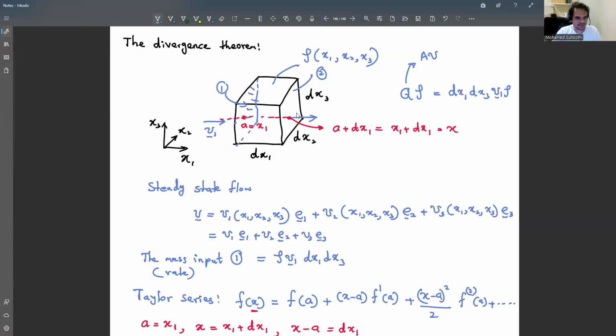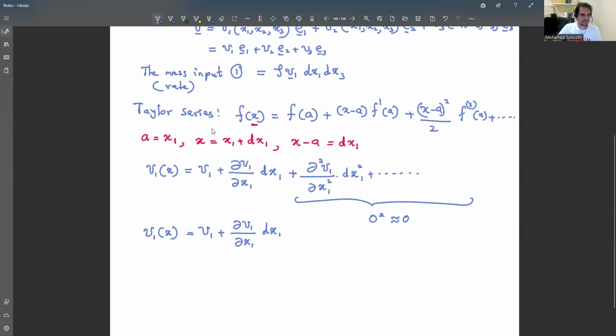Here, the value is v1x. So now I'm going to find the mass at that point, the mass flowing through the second one.